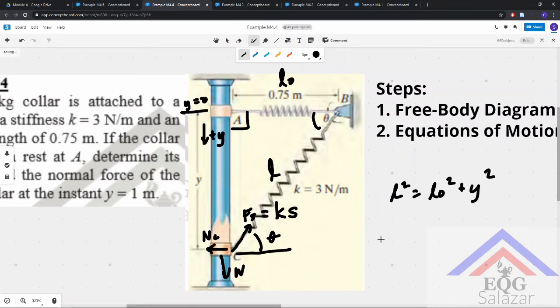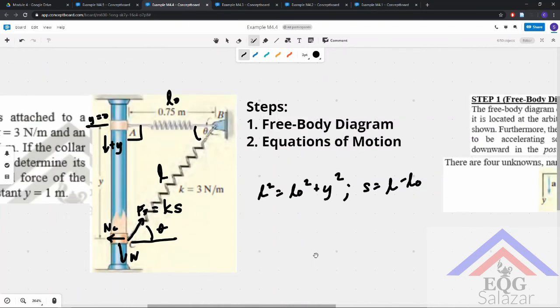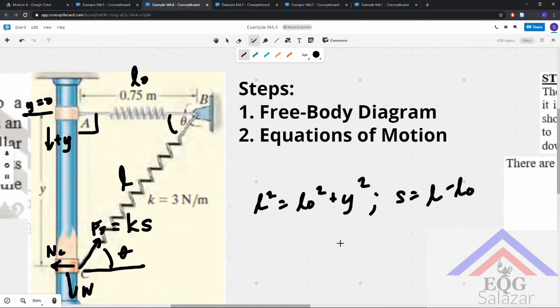Since s is equal to L minus L sub naught, we can find a way to solve s in terms of y.